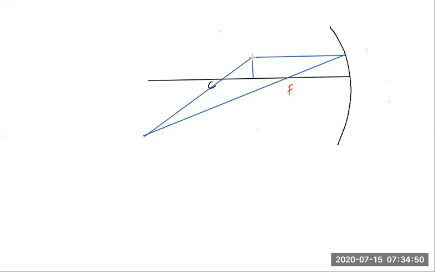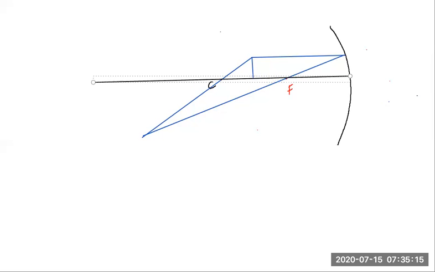You see, students, where is the image? In the last case the object was at C, and the image was at C. Now the object has been moved right side, between C and F, and the image has again moved left side.